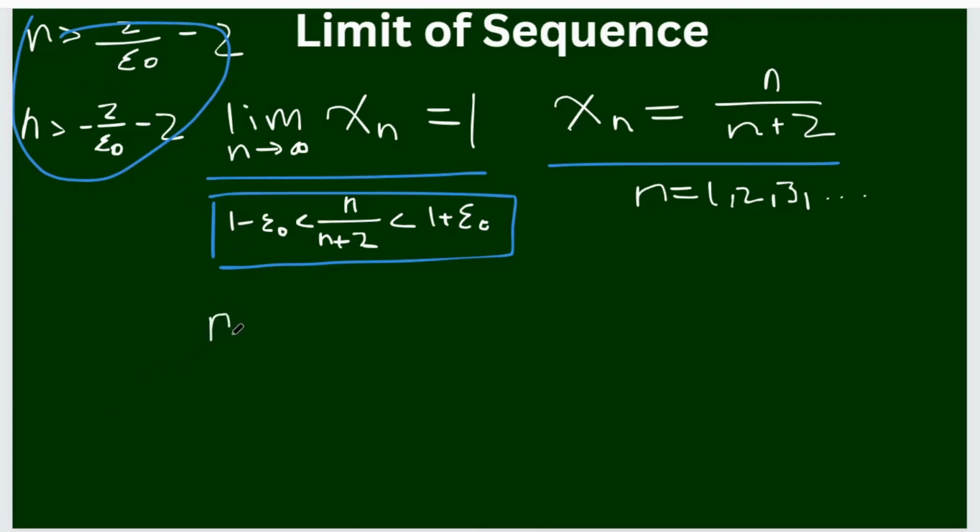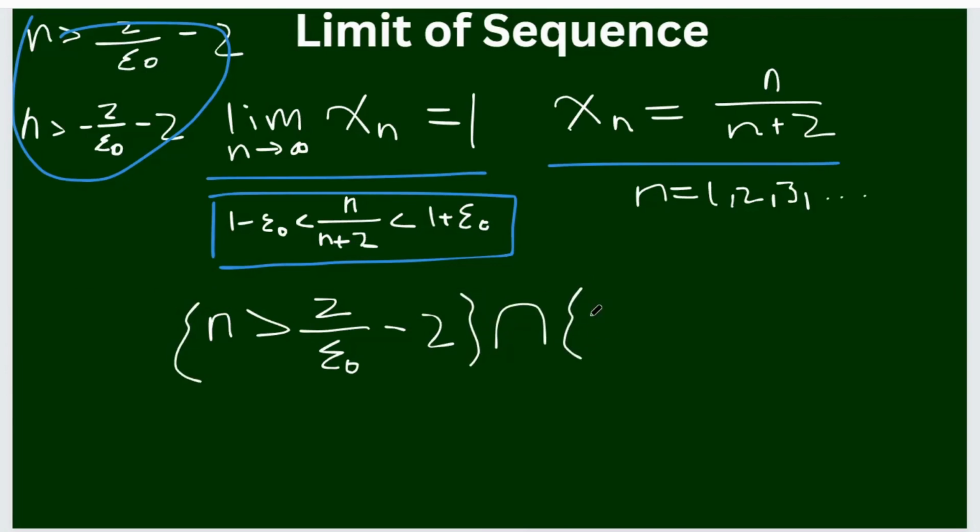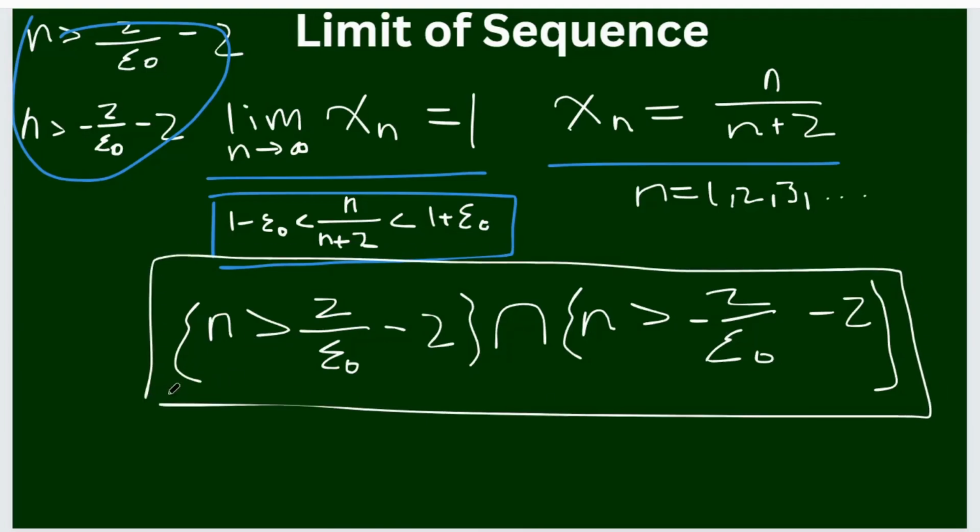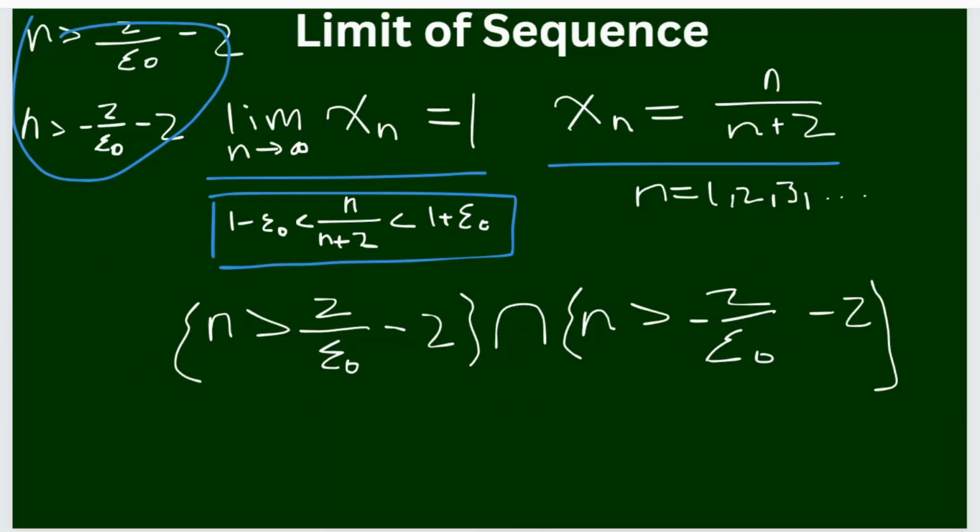Here n has to be greater than 2 over epsilon 0 minus 2, but at the same time, it also needs to be greater than negative 2 over epsilon 0 minus 2. I'm missing a negative sign here, so negative there. So what is the intersection where these two are both satisfied?